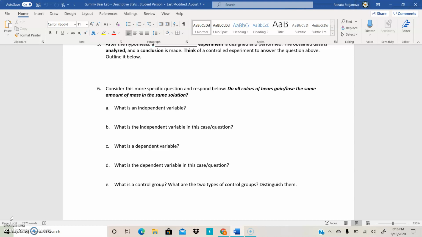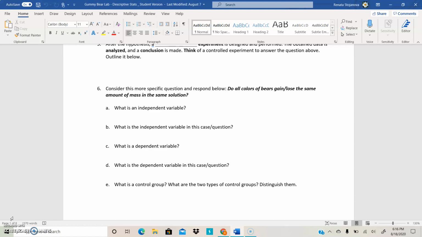So we're trying to see how different colors, independent variable, will behave in terms of gain or loss of mass. That's my dependent variable. You can also say the mass gain or loss will depend on the color of gummy bear.